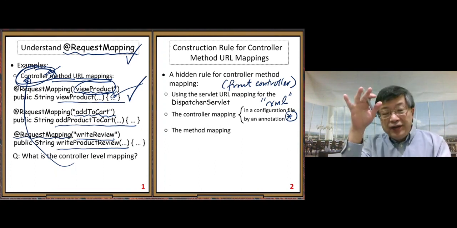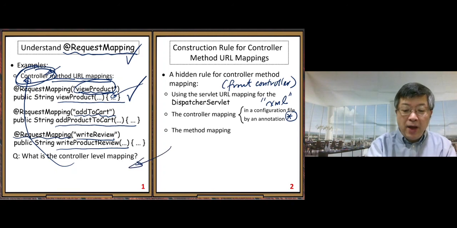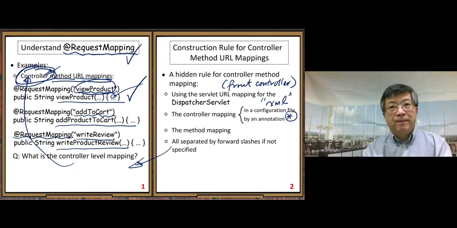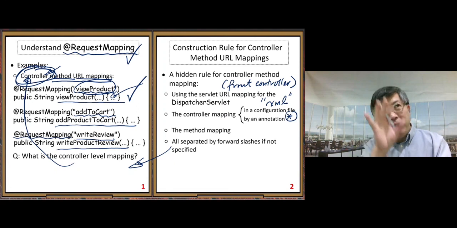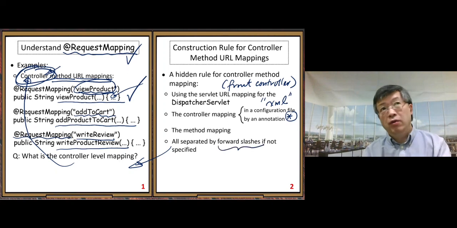Then after that, this page, the method mapping part. All these mapping parts are separated by forward slashes, if not specified. That's the default, because this is the best and most convenient way.